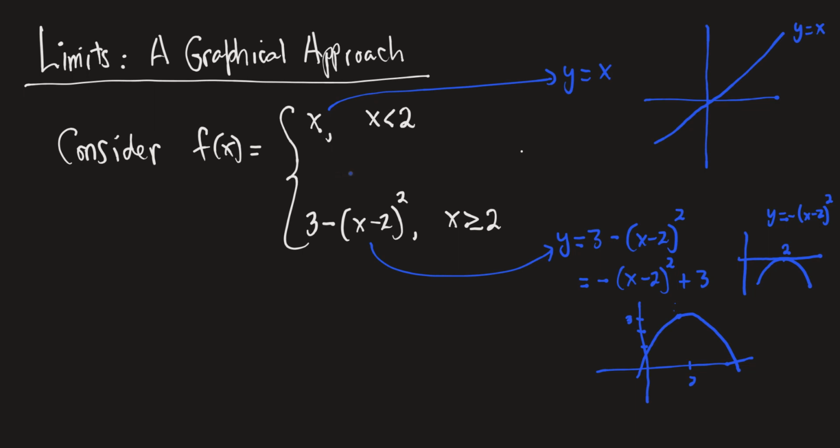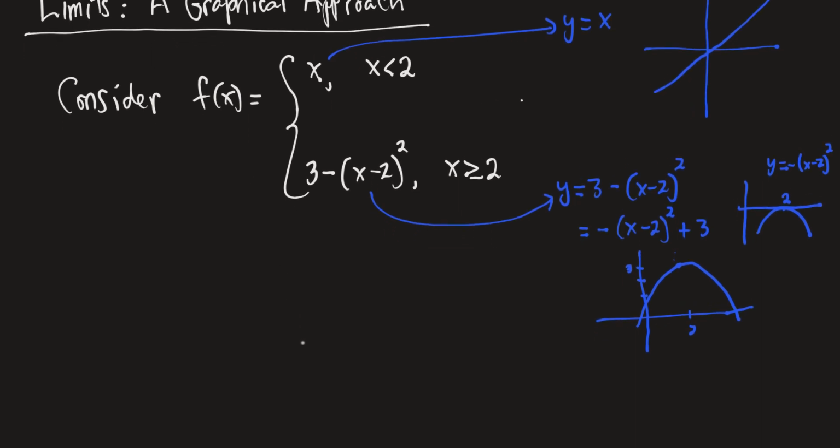What we have to do is draw the graph of the line for values of x that are strictly less than 2, right? It would be linear. And then for values of x that are greater than or equal to 2, it would be quadratic. So let's see if we can sketch it. I'll switch back to white here and see if we can come up with a sketch.